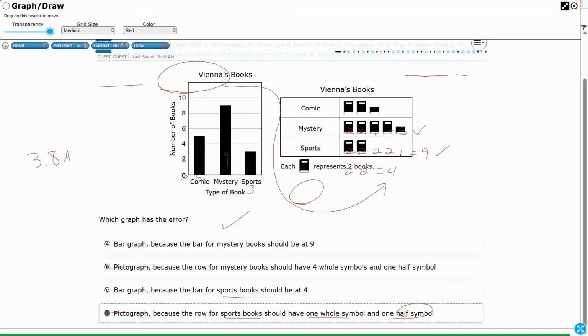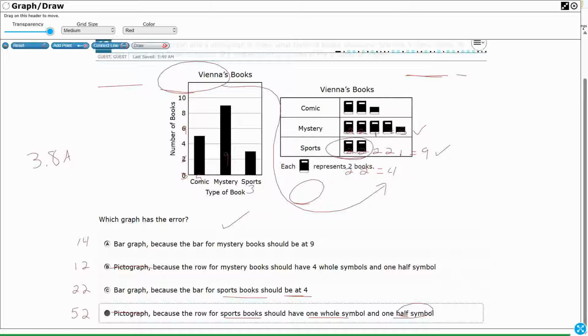Now, let's look and see what our students answered. We had 52% of our students choose the correct answer, so slightly more than half. We had 22 choose this one, 12 and 14. Now, what's interesting is because this 22 was our biggest distractor, and it says the bar graph is wrong because the bar for sports should be 4.